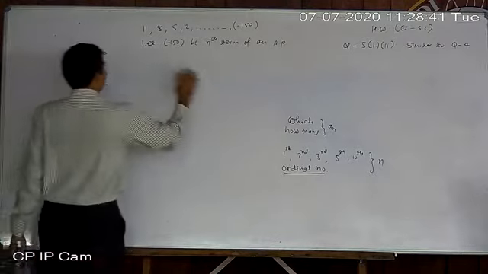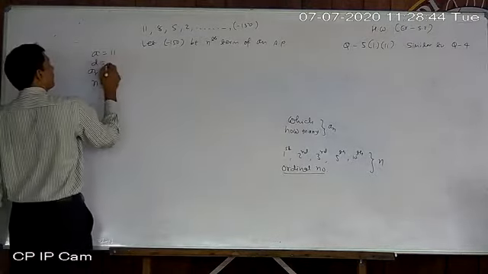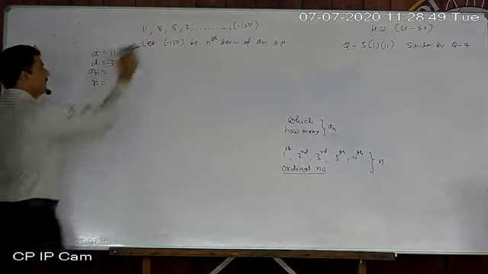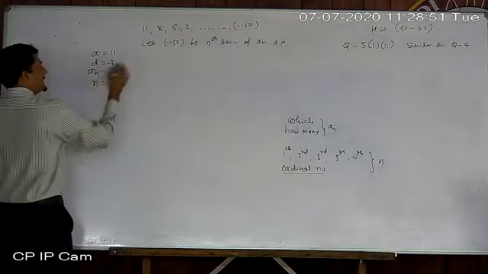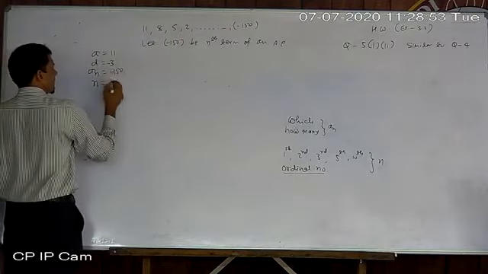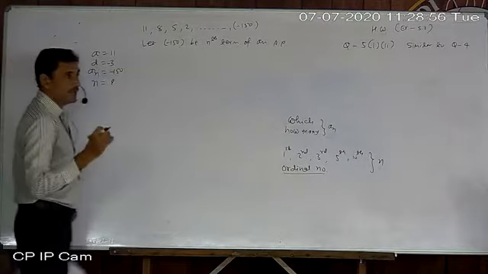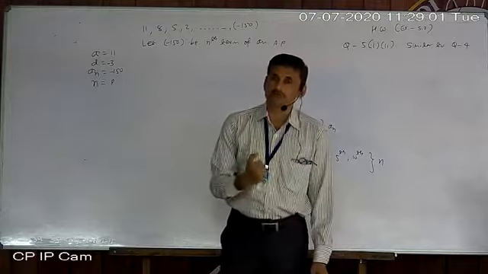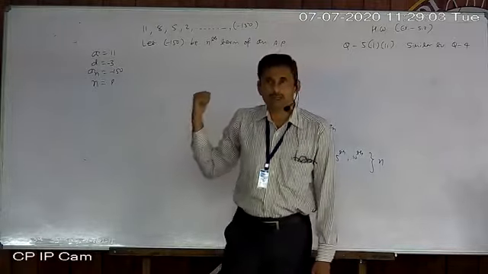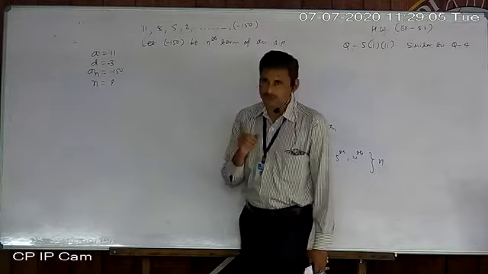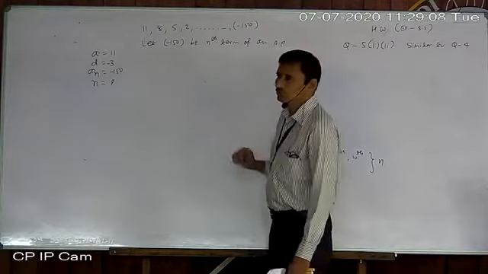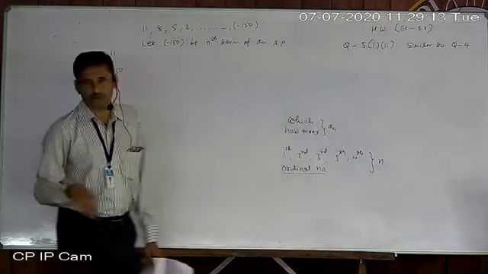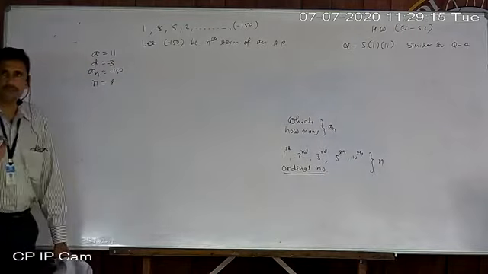So now a equal to 11, d equal to minus 3, why? 8 minus 11, 5 minus 8, 2 minus 5. An is minus 150. n is not given, which means n we have to find. Actually they have not asked to find n, which term or how many terms, but we interpret the question this way. So in this type of question, remember what to do. Try to find n. If n is integer, answer is yes. If n is fraction, answer is no.